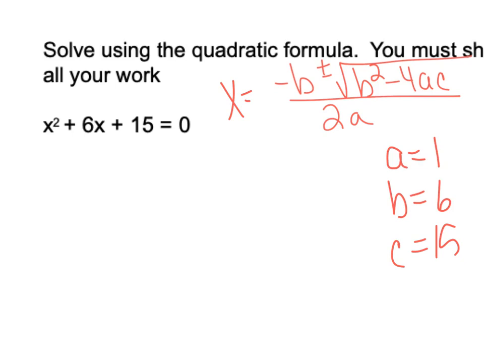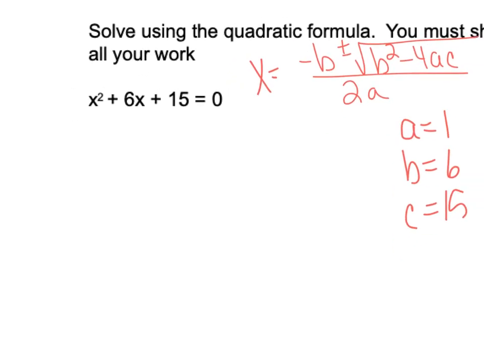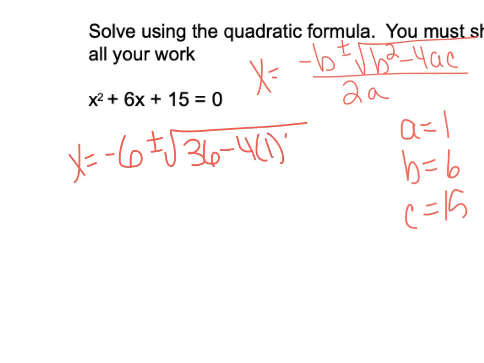Okay, so then I'm just going to plug my values in. I have x equals the opposite of b, so I'm going to have negative 6 plus or minus the square root of b squared. Well, b squared is 6 squared, so that's 36 minus 4 times a times c all over 2.